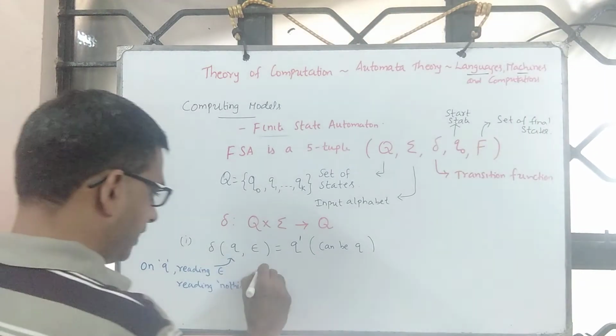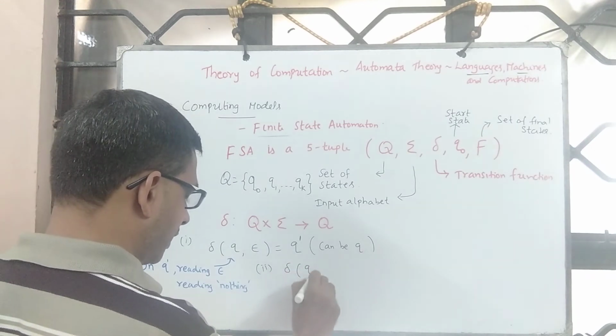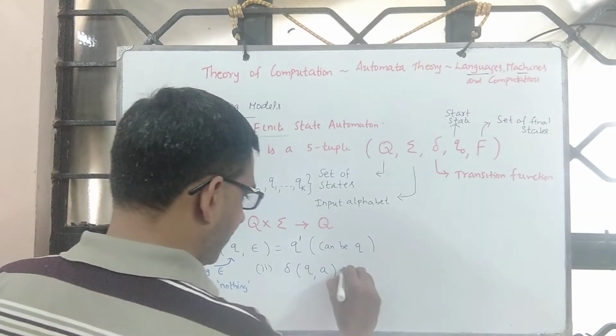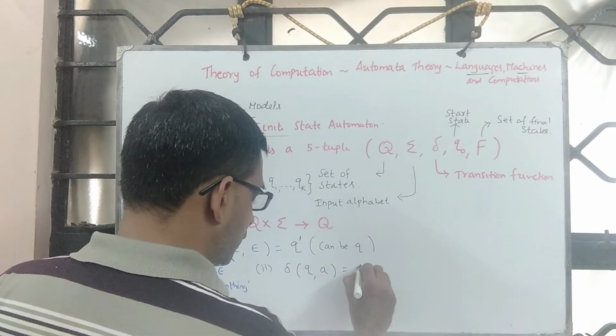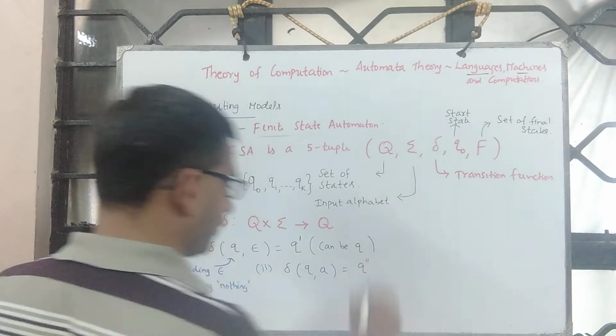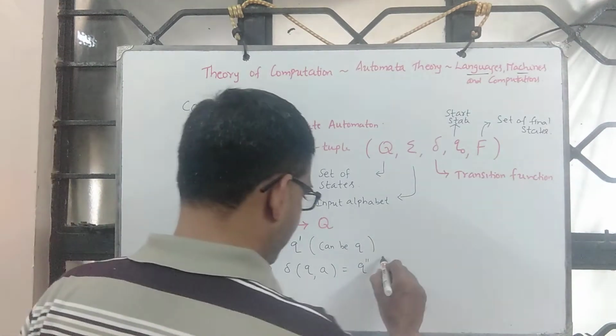And then when we say delta of Q comma A goes to a state say Q double prime, what this means is the following.